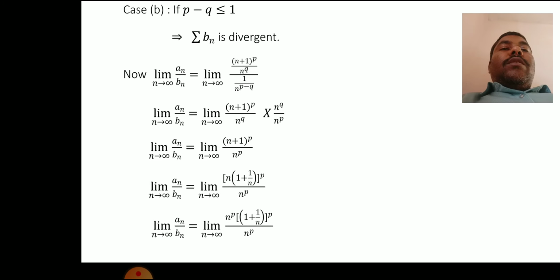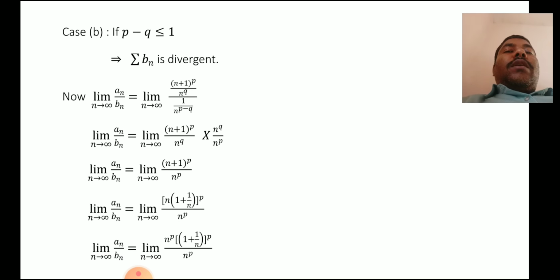Next, limit of an by bn as n tends to infinity is equal to limit of (n plus 1) raised to p by n raised to q divided by 1 by n raised to p minus q.